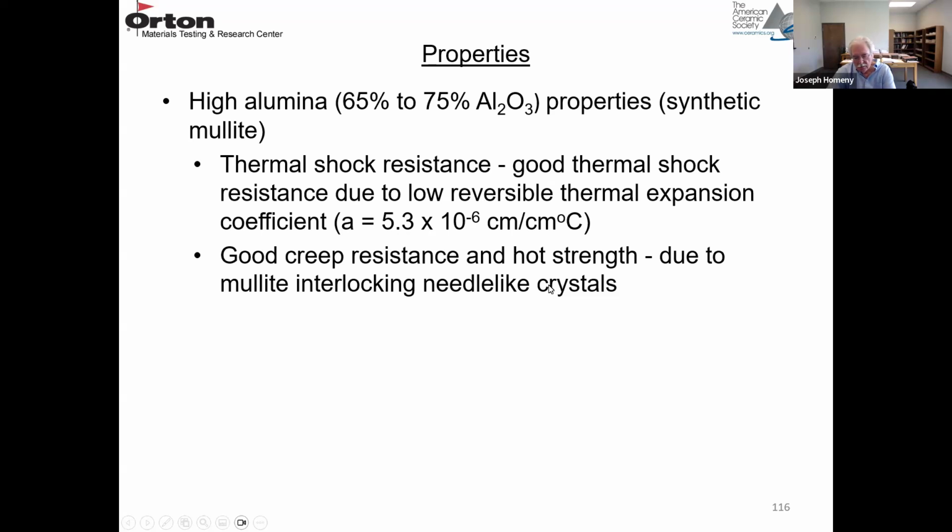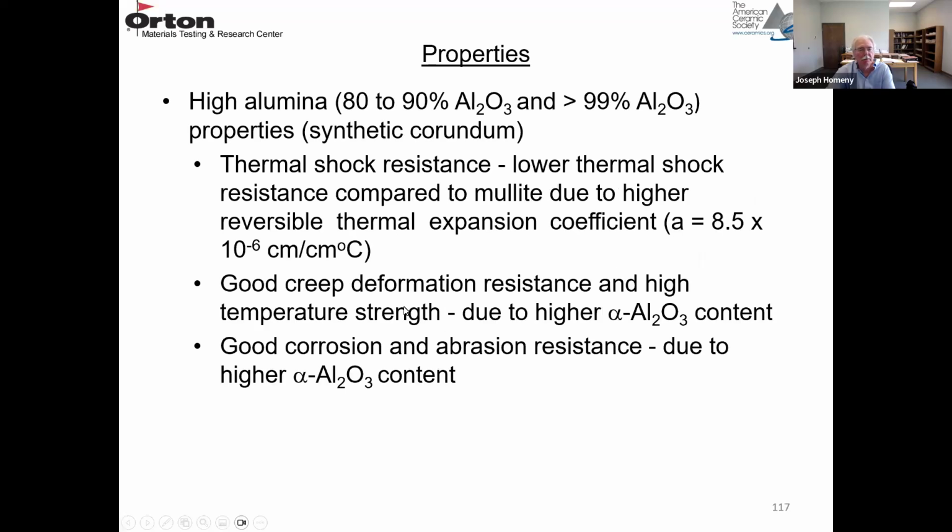And again, the nature of the microstructure with the needle-like crystals, good hot strength and good creep resistance. So mullite is a pretty good high temperature strength material with pretty good thermal shock resistance due to low thermal expansion. And then when you go up to these higher alumina based materials, 80 to 90 and greater than 99% alumina, that's synthetic corundum.